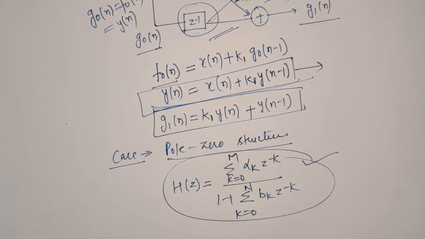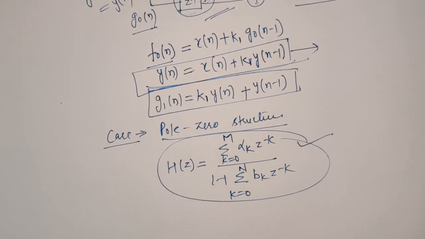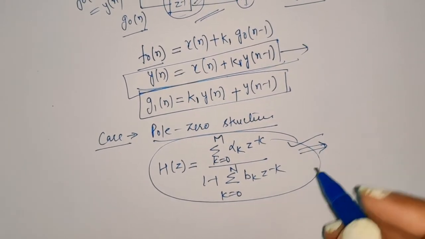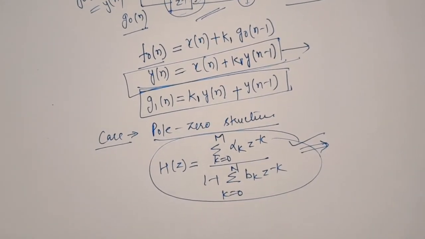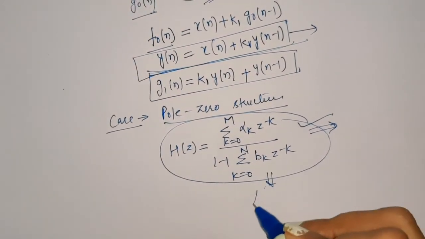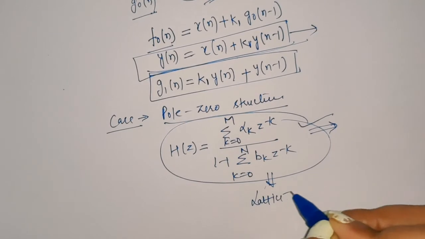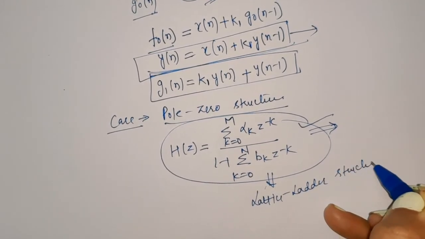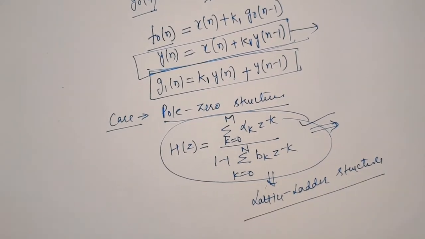So this is the transfer function for an IIR filter using the pole zero structure. To realize this particular structure, we need a lattice ladder structure, and we'll solve this lattice ladder structure in the next lecture.